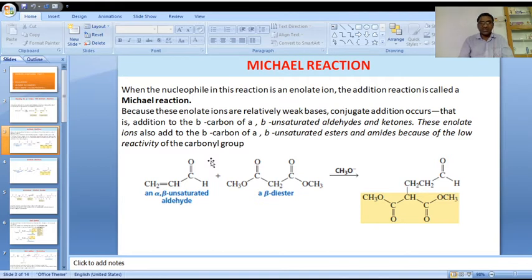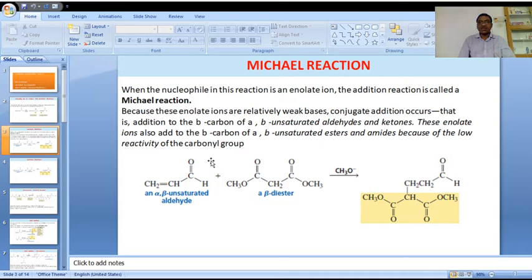This type of addition reaction is called the Michael reaction because these enolate ions are relatively weak bases. The enolate ion intermediate is a weak base.